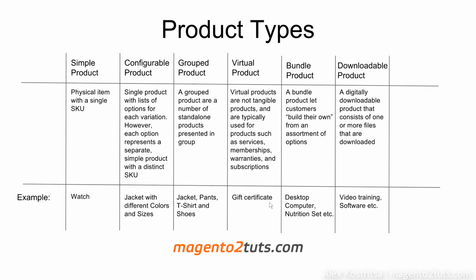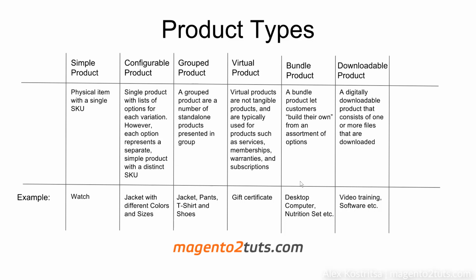So let's move on, and we have a bundle product here. Let's check the definition. A bundle product lets customers build their own from an assortment of options. And I have several examples here, but let's talk about a desktop computer.